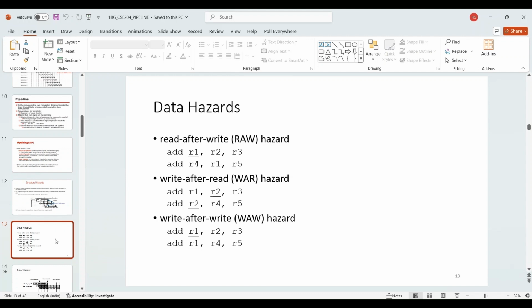But to avoid many hazards, the compiler uses a technique called instruction reorganization or reshuffling, and at that time the computer must keep a note of this problem so that the order of writing in the register is maintained.